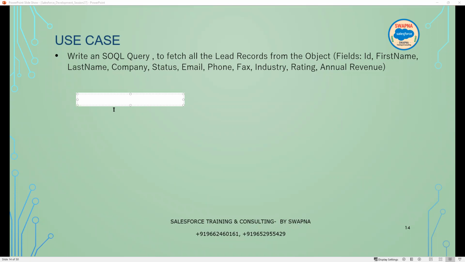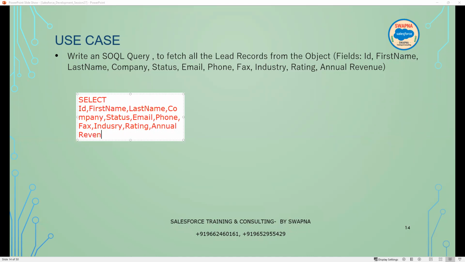Select ID, comma, first name, last name, company, and then status, email, phone number, fax, industry, rating, right? And then finally annual revenue from the lead object.